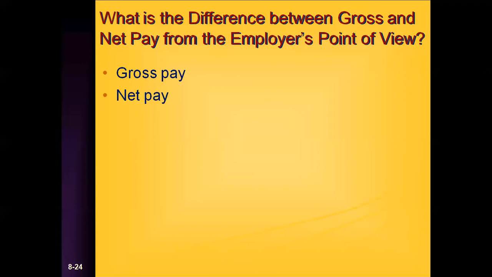So here again, you guys that have had part-time jobs, you may be paid $10 an hour from a gross pay standpoint, but your net pay might be something like $8 an hour because the employer takes taxes out and things of that nature. So that's the net pay that actually goes to you. Withholdings are just that.